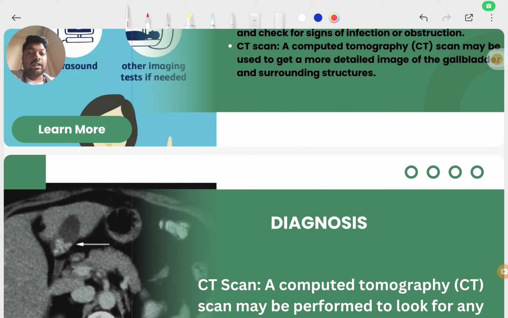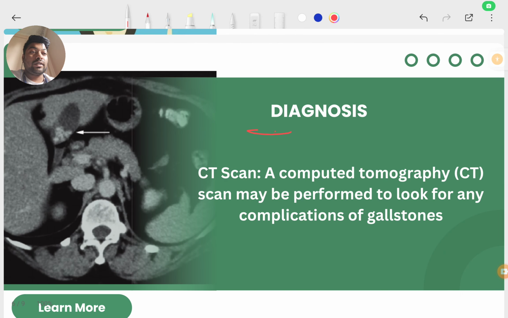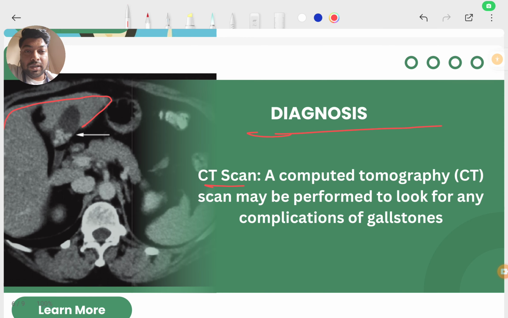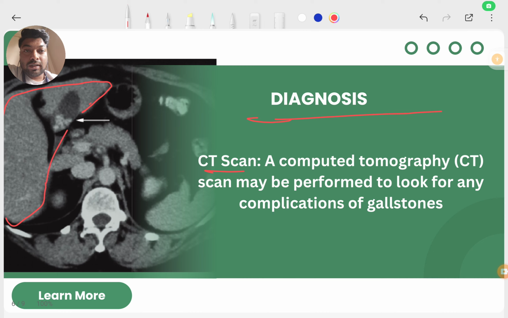Here we can see a CT scan, where we have the liver part, and here we have the gallbladder, and in this we can see the gallstone.